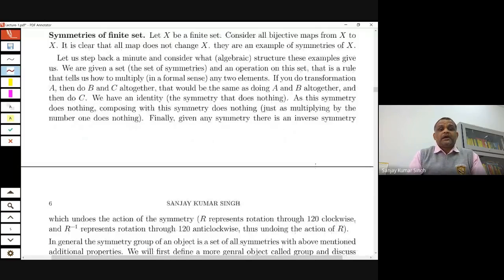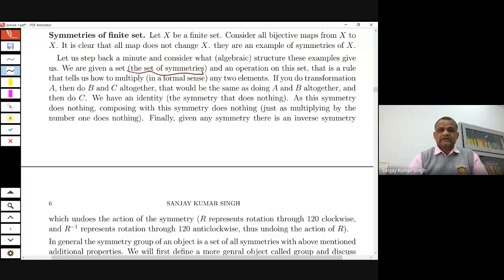Let us step back a minute and consider what algebraic structure these examples give us. Of course, if you consider the set of symmetries, then they have an operation. What operation? It means if I give you two symmetries, then you can produce a third one.